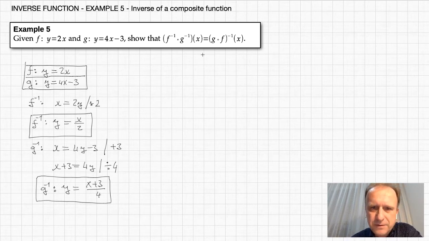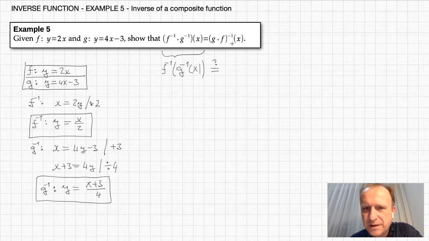Now, to do what we are asked to do, look at this equality. We have to rewrite it into a more convenient form. So we already know that this has to be understood as the inverse of f, applied to the inverse of g of x. And we ask whether or not this is equal to the right-hand side.